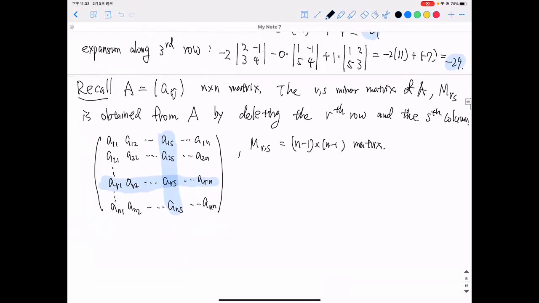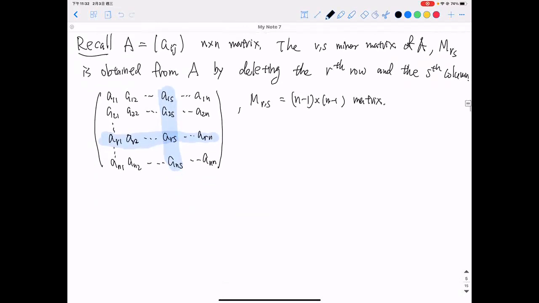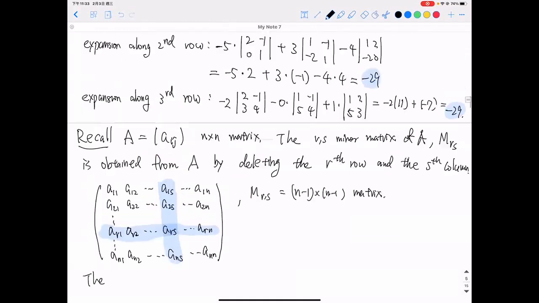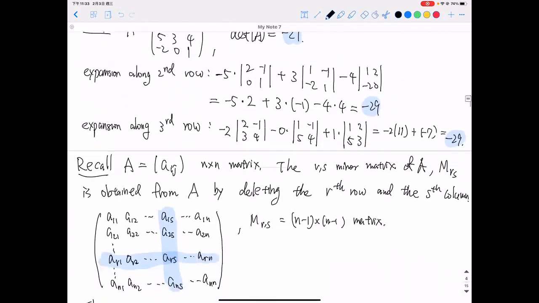Okay, and we've seen in some examples that we can consider expanding along different rows.